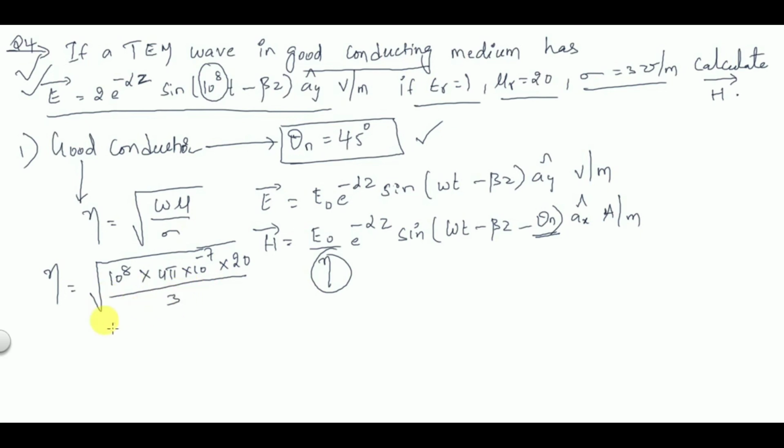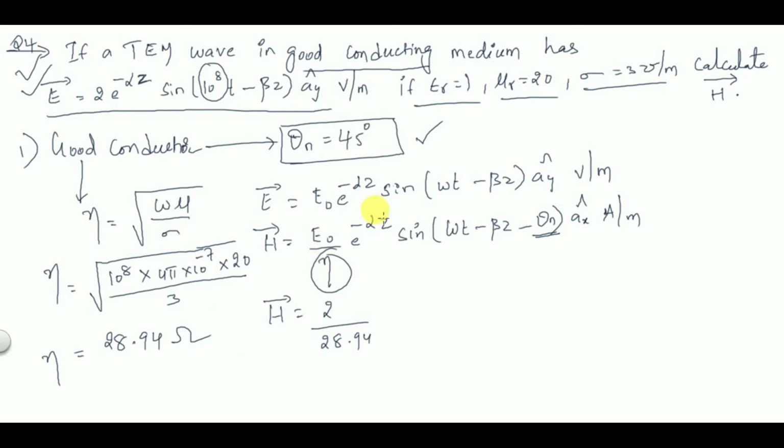If you solve this, you will get around 28.94, so eta is equal to 28.94 ohms. Therefore H bar is E naught, and E naught value is 2, divided by 28.94.